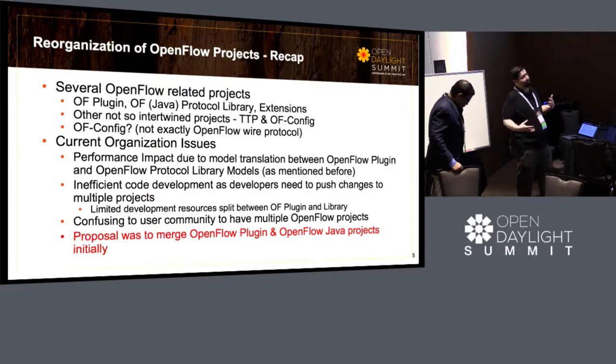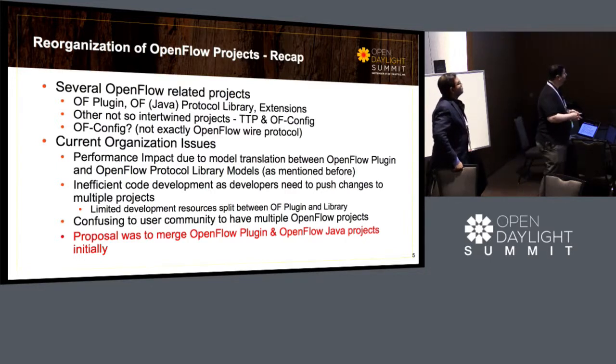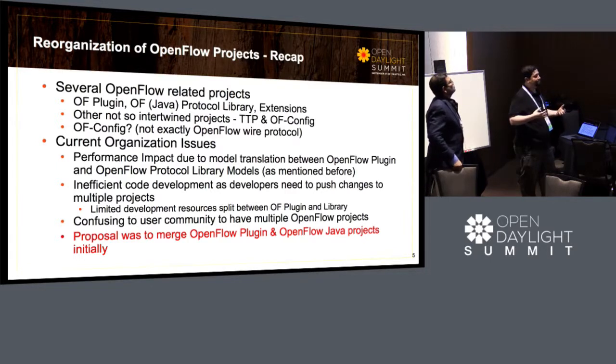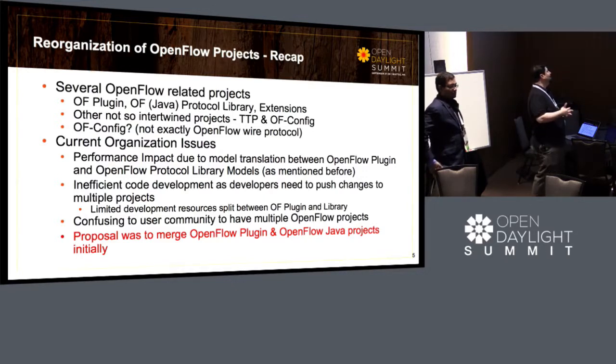The second thing was that you tend to have a performance impact due to the model translation that I mentioned before, and developers need to push changes to both the OpenFlow plugin as well as the OpenFlow Java repository.